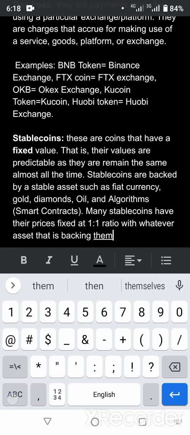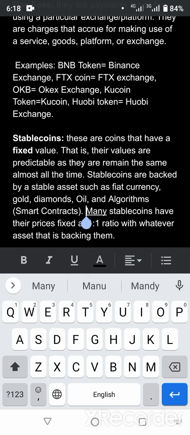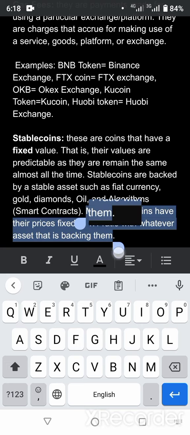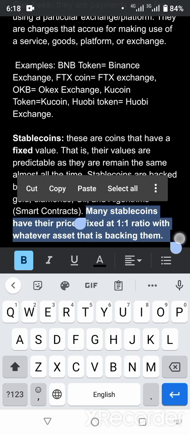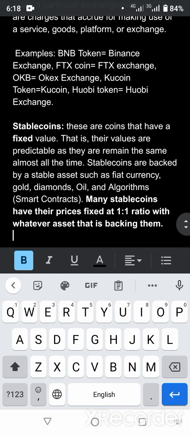What this basically means is, let me use the dollar for instance, because that's what a whole host of stable coins use. $1 is equivalent to one of that stable coin. You understand?